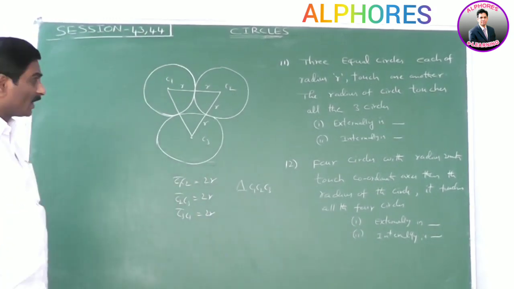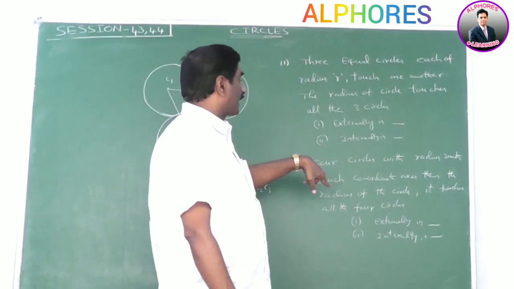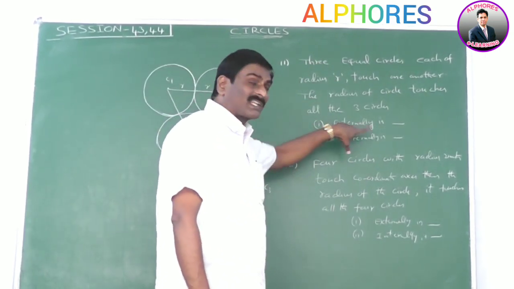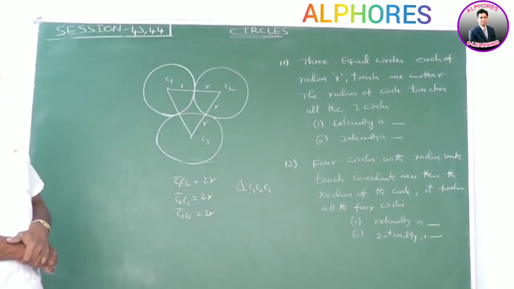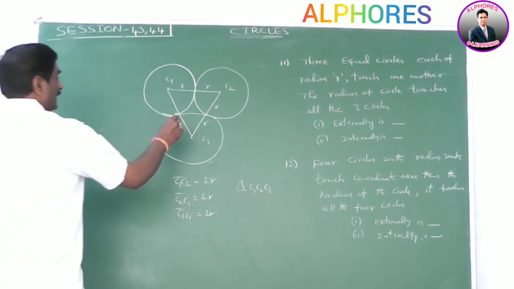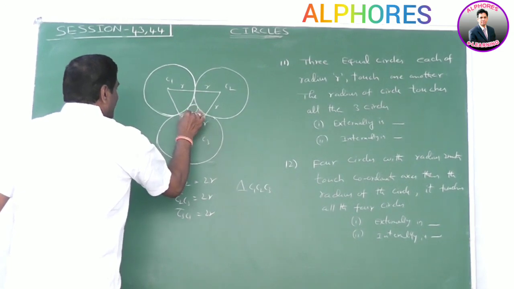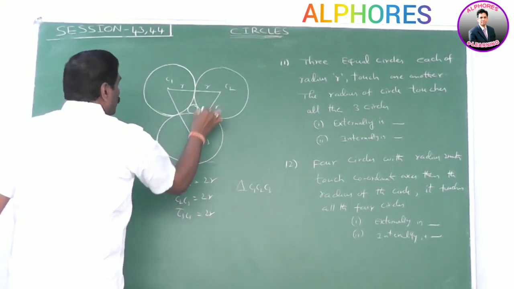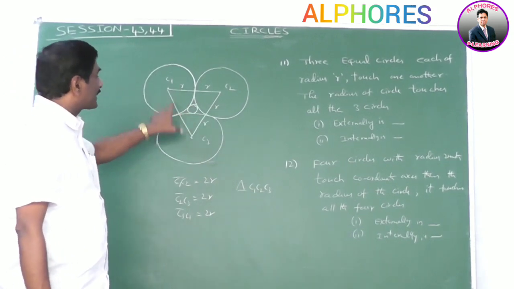Okay? Now we find the radius of the circle which touches these three circles externally. Suppose there are two possibilities. Suppose the circle is in this way. This is the circle, it touches all the first, second, third circles. This circle touches these three circles externally.